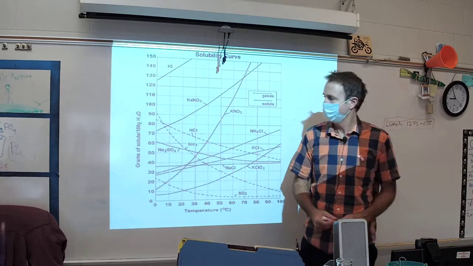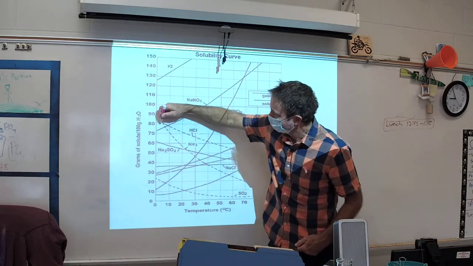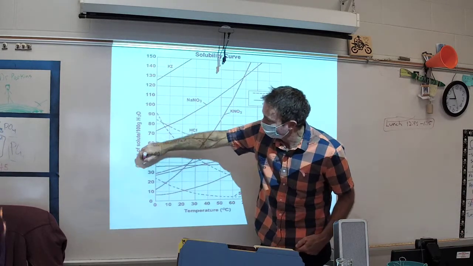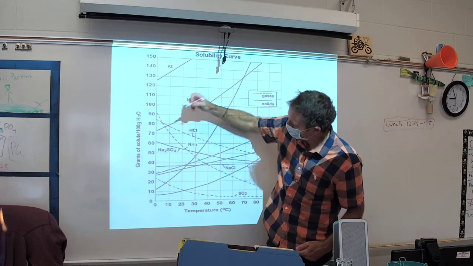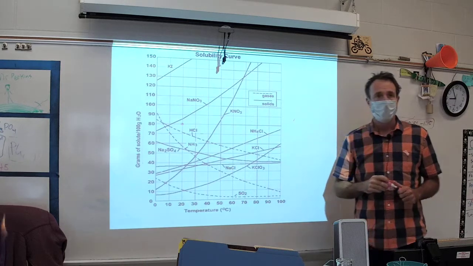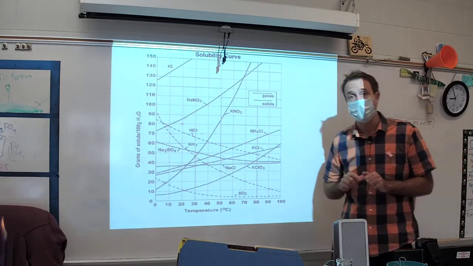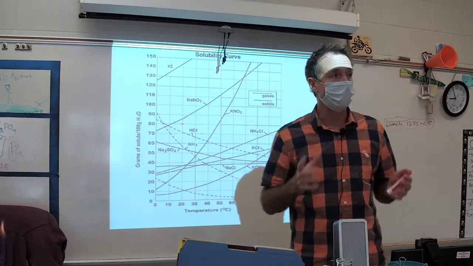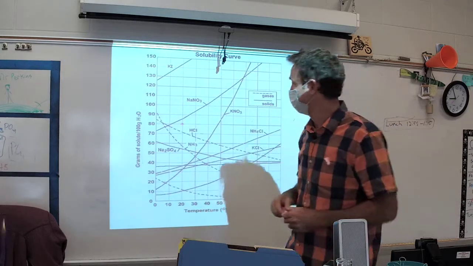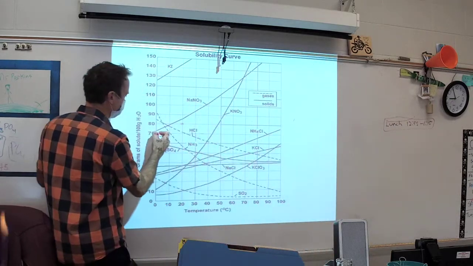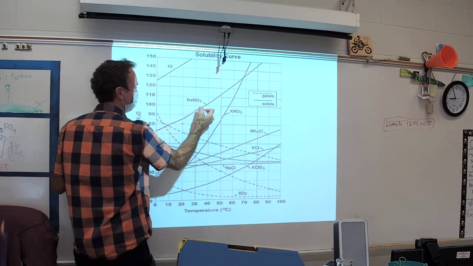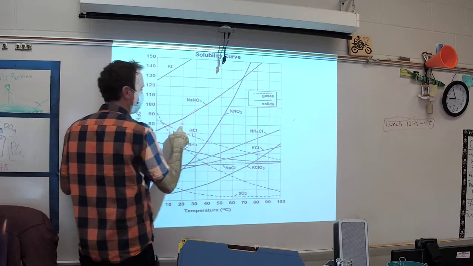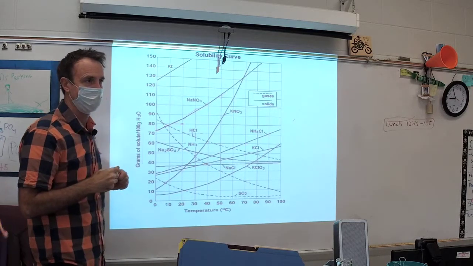Describe this solution. And you say, okay, 80 grams, here's my grams, at 20 degrees Celsius, I'm right here. Okay? And then I would say, what solute were we talking about? We were talking about sodium nitrate. Okay. Oh, here's sodium nitrate right here. Oh, we're below the line. Evan, is this saturated, supersaturated, or unsaturated?